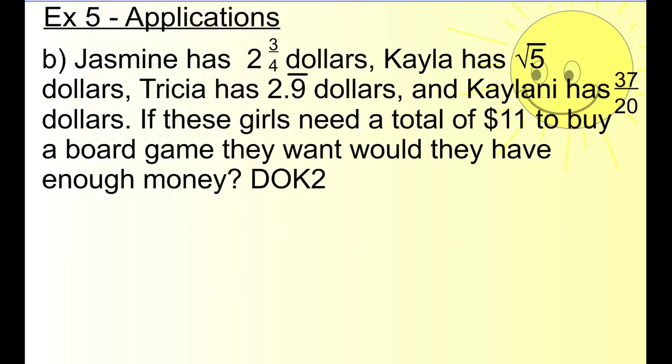Letter B. Jasmine has $2 3/4. Kayla has square root of $5. Trisha has 2.9 repeated dollars. And Kaylani has 37/20. If these girls need a total of $11 to buy a board game that they want, would they have enough money?